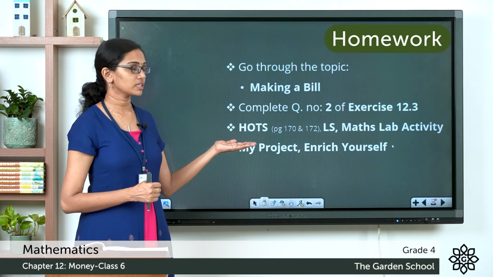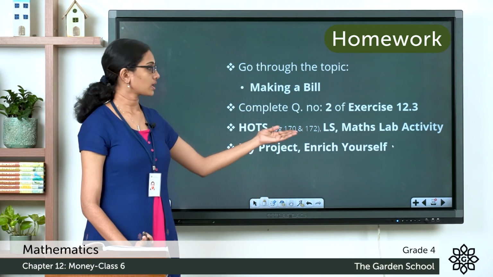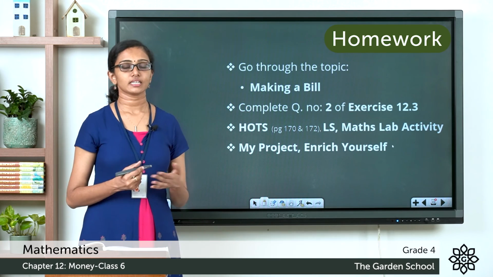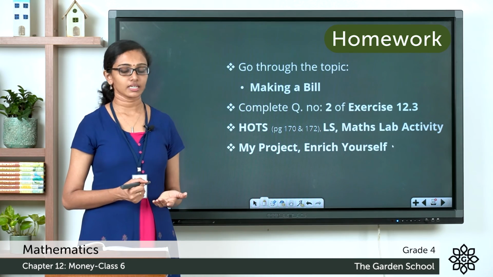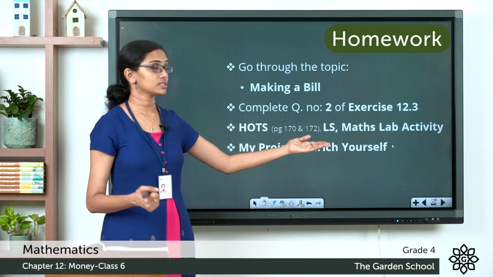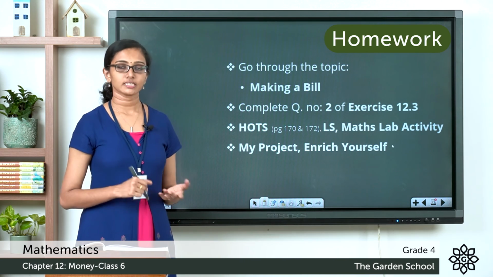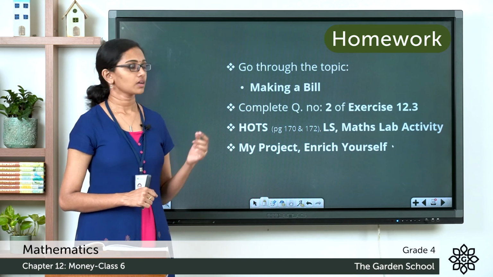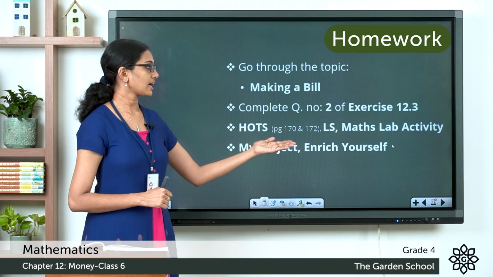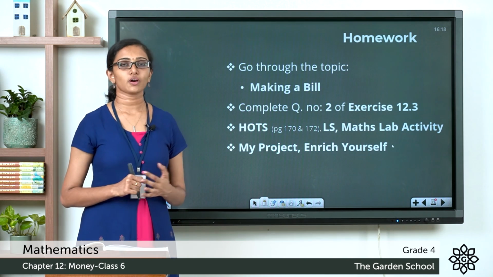There are 2 sets of these questions, one in page number 170 and one in 172. And there is a life skills question in page number 171 under the heading LS. In the same page you will see the maths lab activity, and in page number 172 you will see my project and the enrich yourself column. So go through all of these and do accordingly.